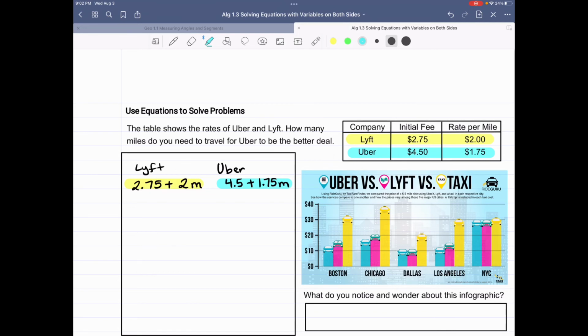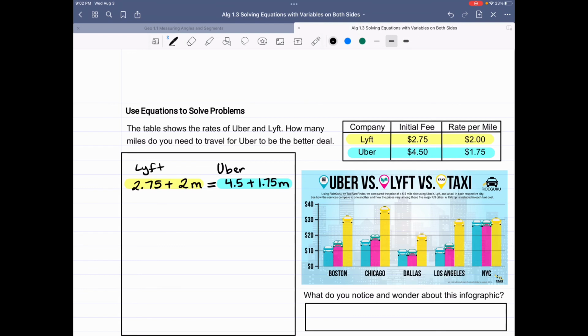That's at first going to cost more than the Lyft, which is $2.75 for the initial fee. So to figure this out, we're going to take these two expressions and we're going to make them equal to each other, because that's what we want to know. We want to find out when they're equal, and then after they're equal, any mileage after that, Uber will be cheaper because the rate per mile is cheaper.